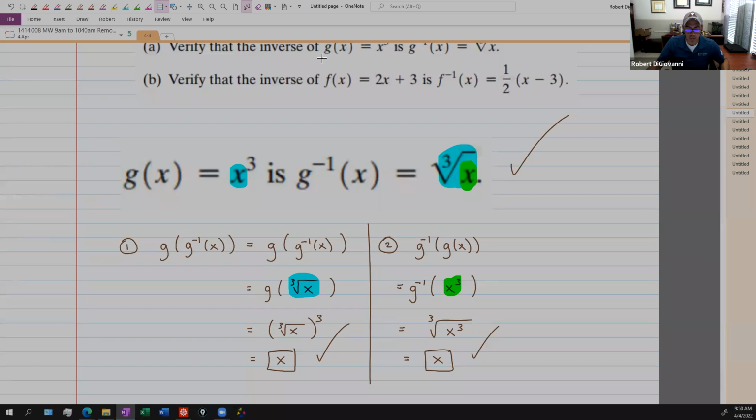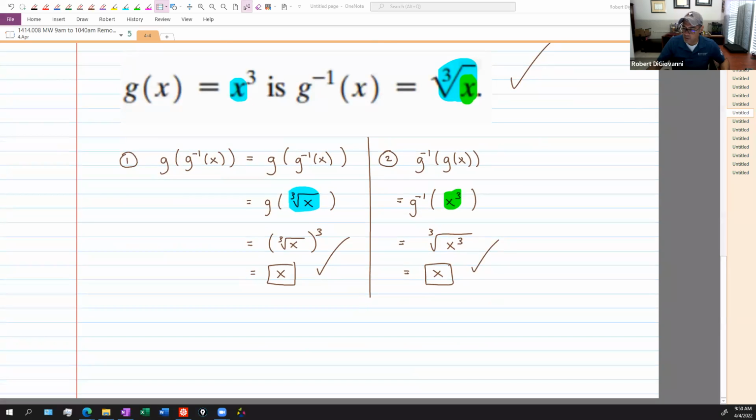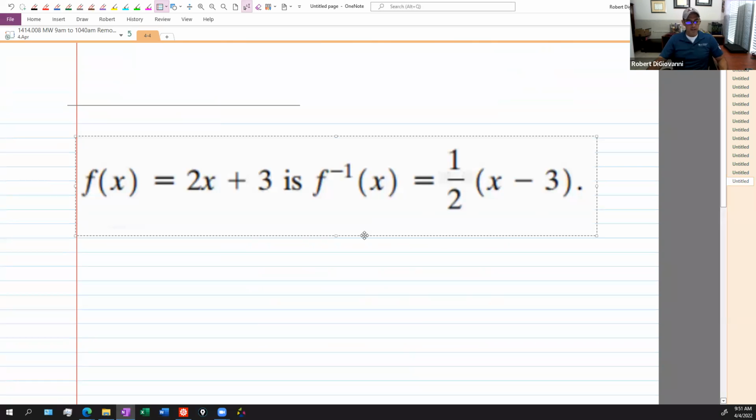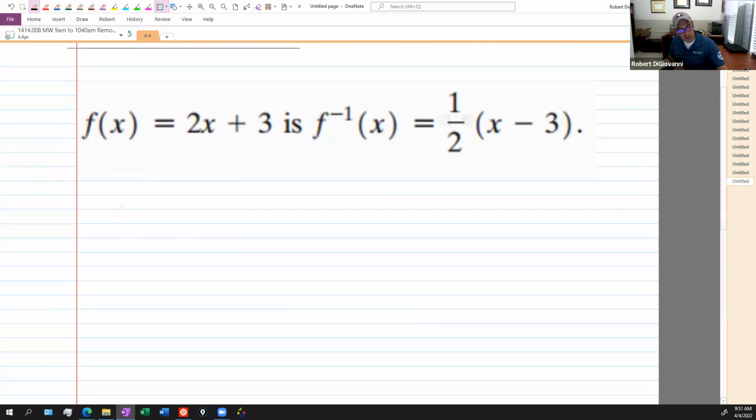Let's do part B. Same thing, they give us two functions. I don't have room here, so let me move down here. I want to verify that these are inverses. The first thing I'm going to do is take f, and then inside of it, I'm going to put f inverse. This is very similar to the problem we started class with. So f is here.